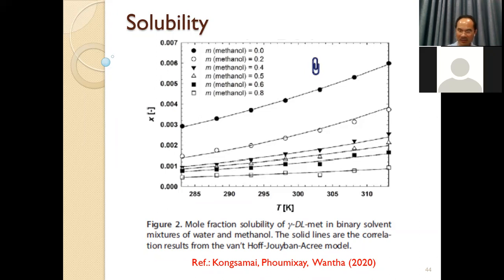For this case, we have three systems: methionine dissolved in pure water, in pure methanol, and in a mixture of methanol and water. We call this the technique of anti-solvent crystallization.